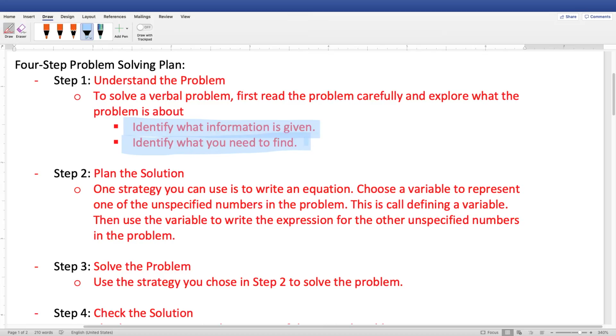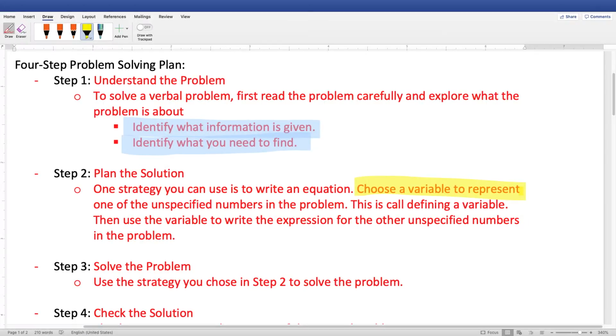After you understand the problem, after you have identified what information is given and what you need to find, you are going to go to step 2, which is plan the solution. Some key points from planning the solution. You need to make sure that we choose a variable, okay, to represent the unknown number.